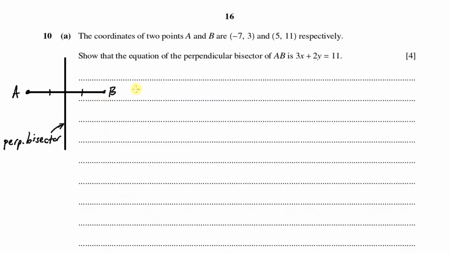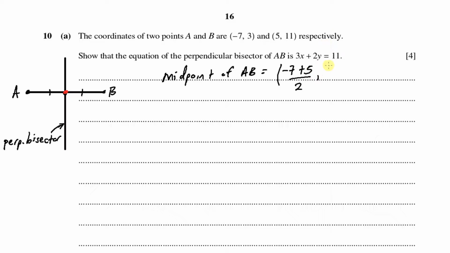So for the equation of the perpendicular bisector, I'll first need to know the coordinates of the midpoint of A and B. So I'll start with the midpoint of AB. And for that, I'll use the 2 points. So I'll have the sum of the x coordinates, which is -7 and 5, and I'll divide that by 2.